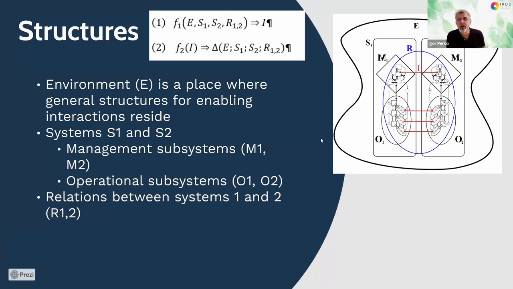The equations are relatively simple because we state that the environment, the system 1, the system 2, and the existing relation between system 1 and system 2 affect the interaction. Okay? And the second one is for the loop. Basically, the interaction modifies the environment, system 1, system 2, and the relation between system 1 and 2.